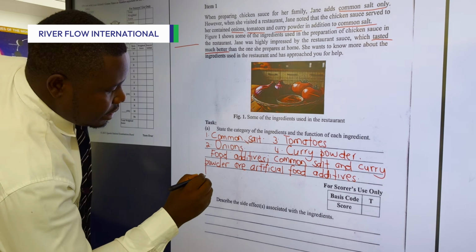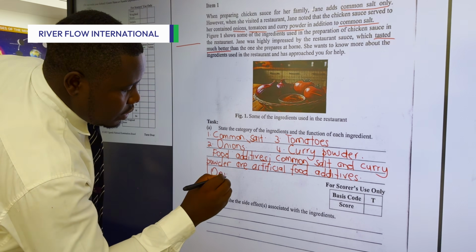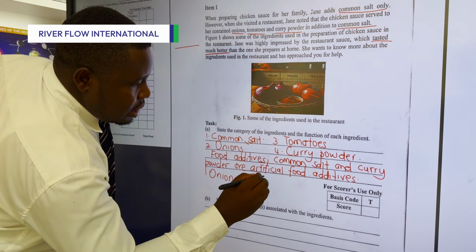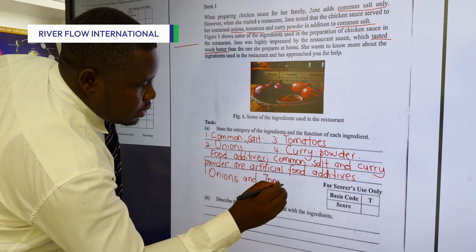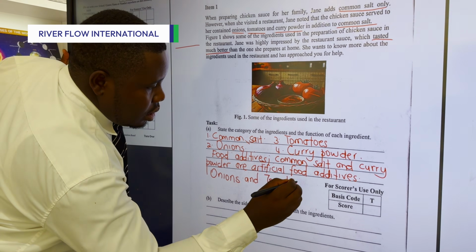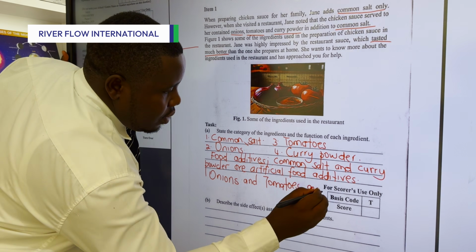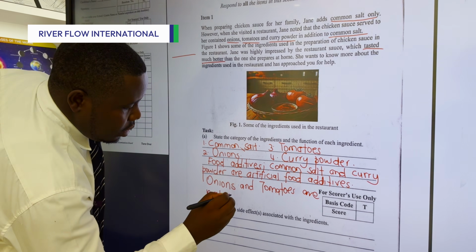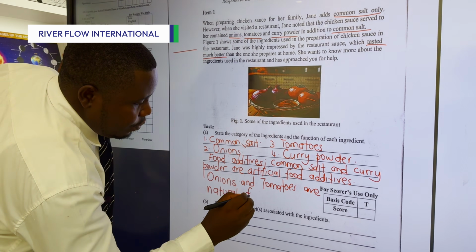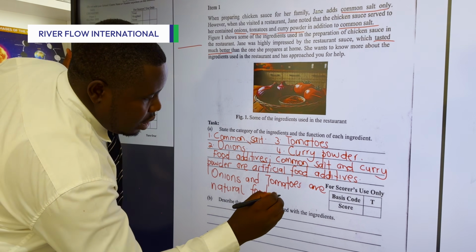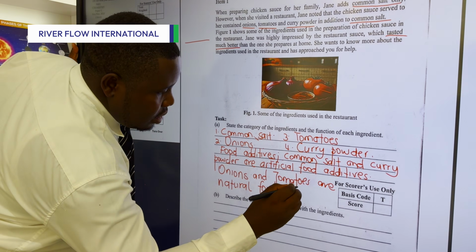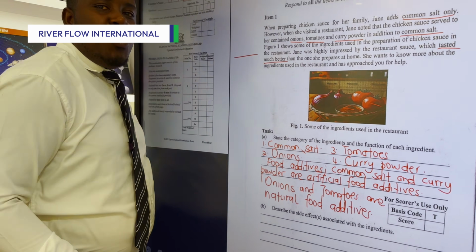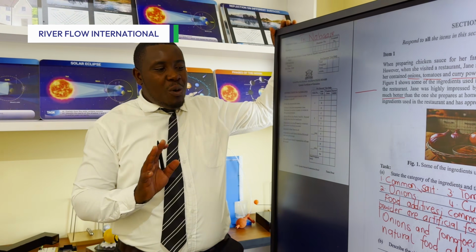And then you say that onions and tomatoes are natural food additives. Now we have categorized them. Now we have the category.